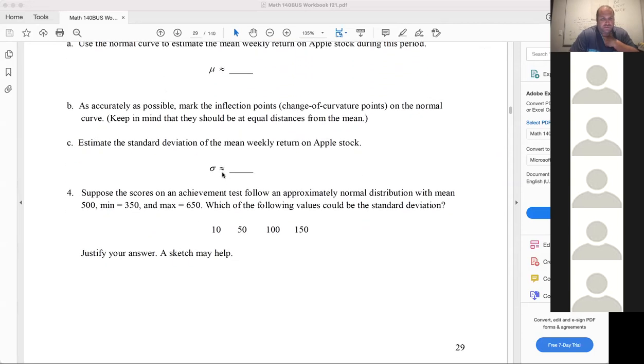Question 4: Suppose the scores on an achievement test follow an approximately normal distribution with mean 500, min 350, and max 650. Which of the following values could be the standard deviation? Which of these is reasonable? So we have a normal curve.